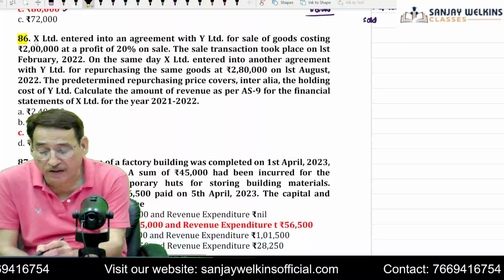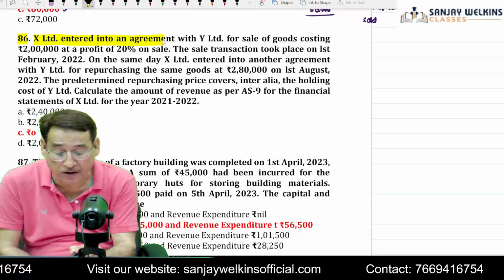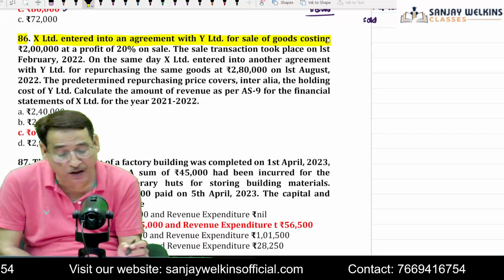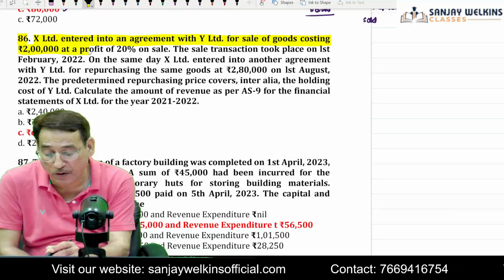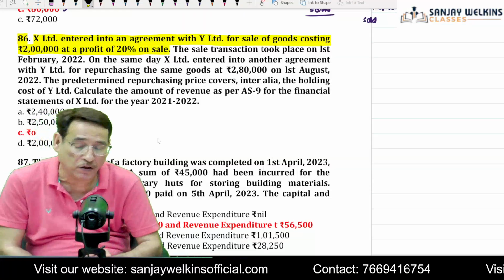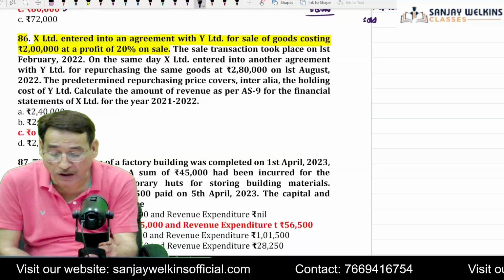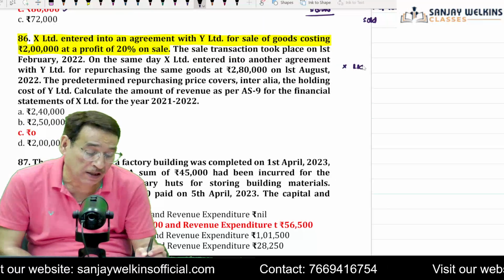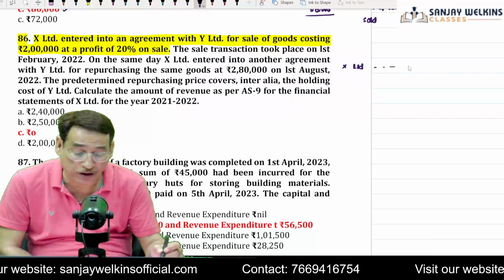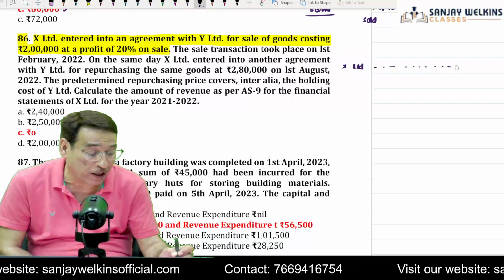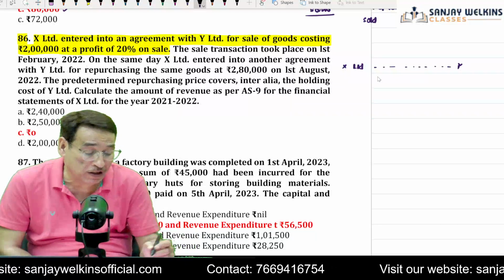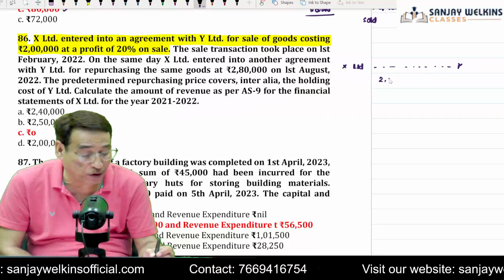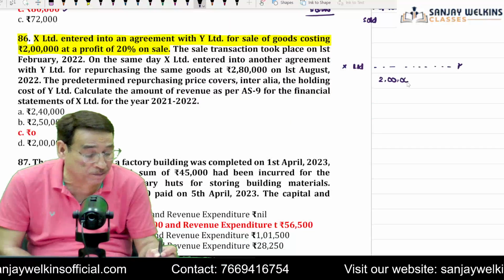Question number 86 states that X Limited entered into an agreement with Y Limited for sale of goods costing rupees 2 lakh at a profit of 20% on sales. So in this particular question, there is an entity by the name of X Limited, and it entered into an agreement with another company Y Limited whereby X Limited will sell the goods of 2 lakh at a profit of 20% on sales.